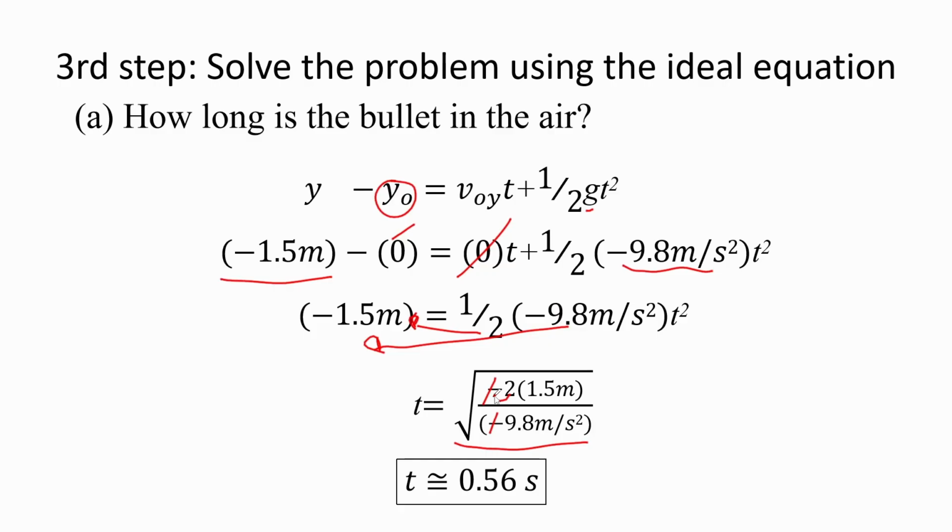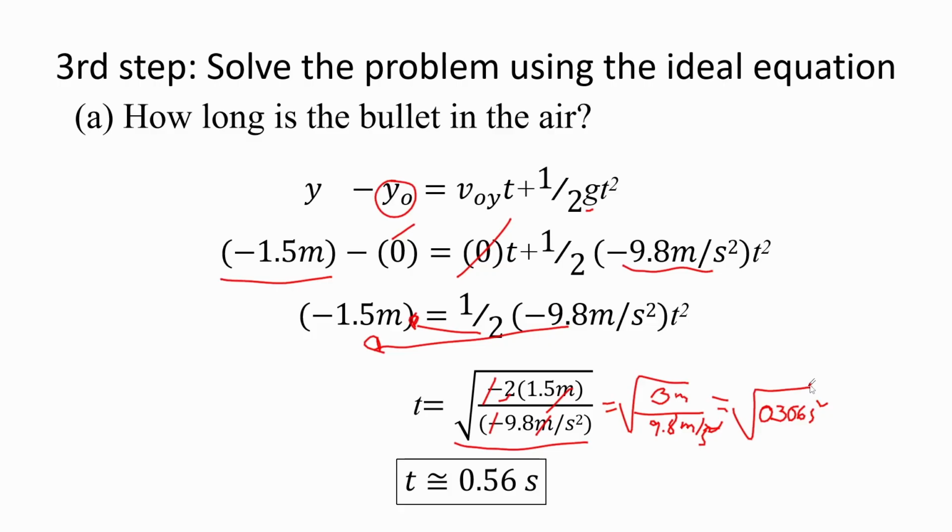2 times 1.5 gives you 3 meters, then 9.8 meters per second squared. So this is around 0.3. Cancel the meter, 6 seconds squared.